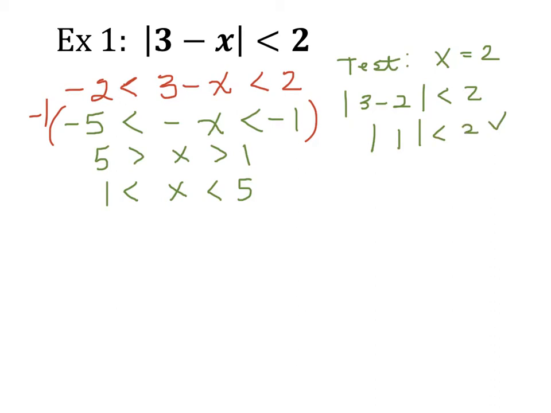This is one way to show your answer. The second way to show your answer is graphically. On my number line, I'm going to put the 1 and a 5. And because we don't have equality, we're going to graph this with an open circle and then connect everything in between.